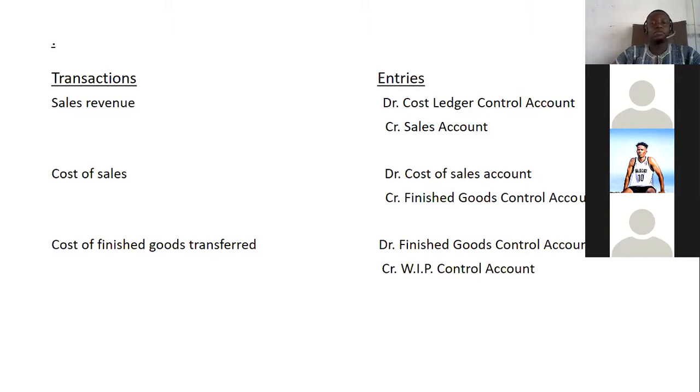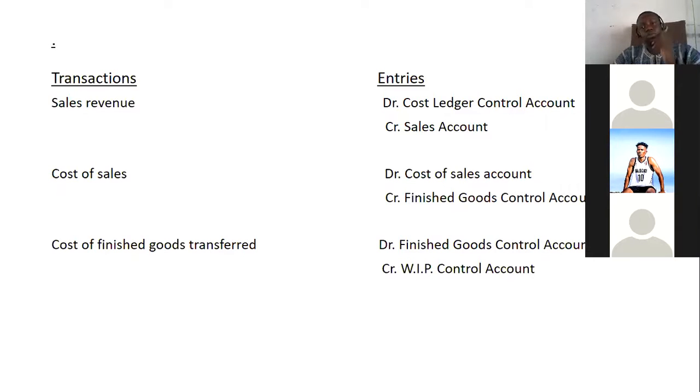Yes, we have sales revenue. For sales, as you know, even in financial accounting, sales is usually always credited, right? So for sales revenue, we are debiting our cost ledger control account and then crediting our sales account.